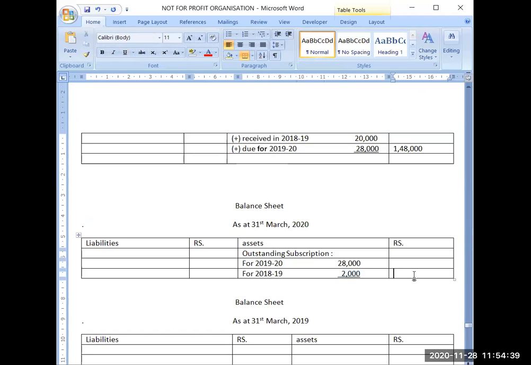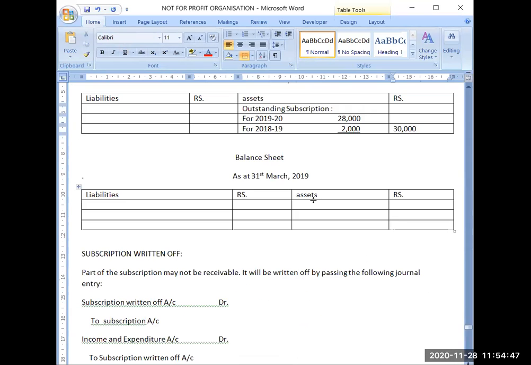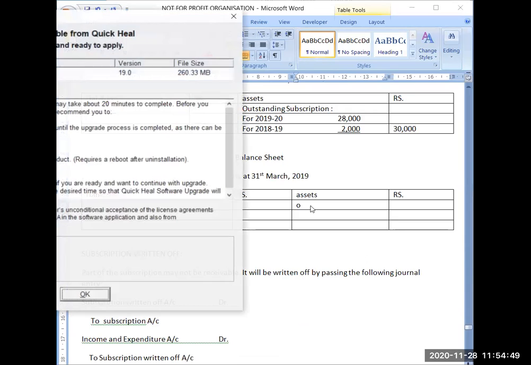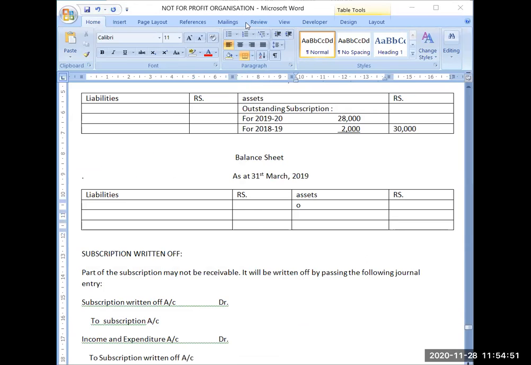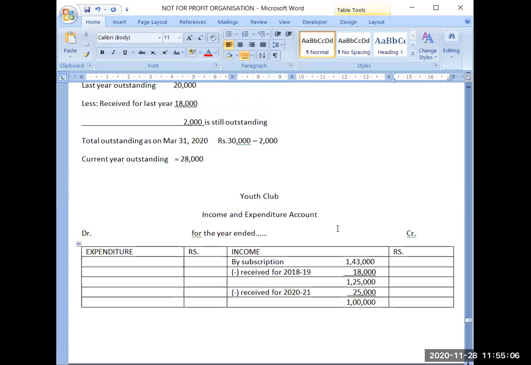And that's why it will become 30,000. Now here outstanding subscription will be 20,000.